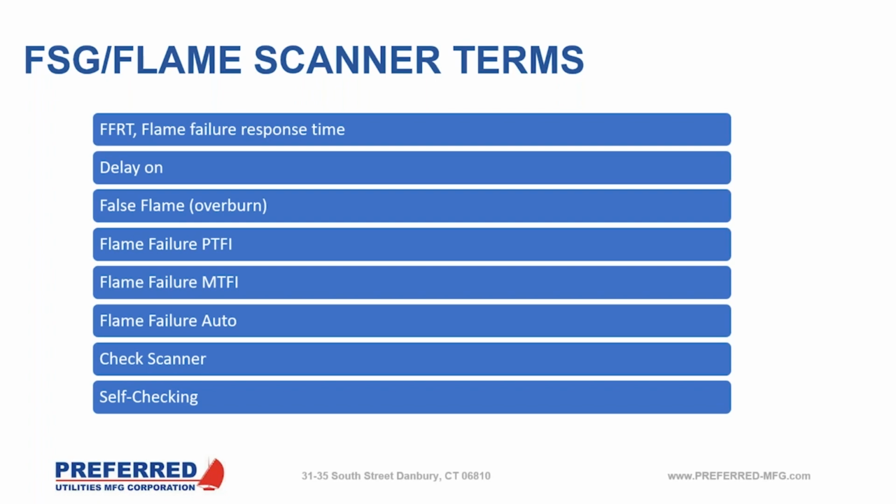The MTFI period could be 10 seconds or maybe 15 seconds, depending on the application. But again, if we get a failure to light or a flame failure during that main trial for ignition, then we're going to get that lockout, and this flame safeguard is going to point us toward maybe an issue with some main fuel valves not operating quick enough or correctly. There may be some issues there.